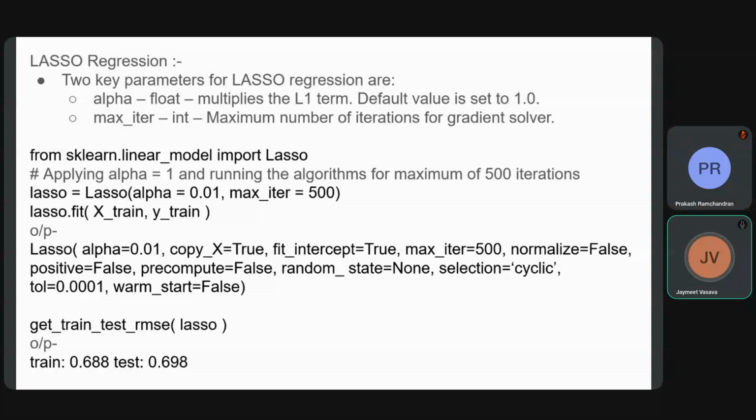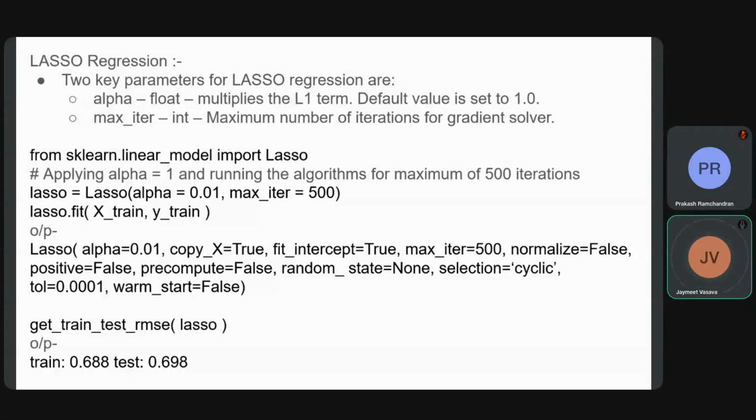Now coming to lasso regression, it takes two parameters, which are alpha and the max number of iterations. Here we'll start the lasso regression with alpha value equal to 0.01 and max number of iterations of 500.